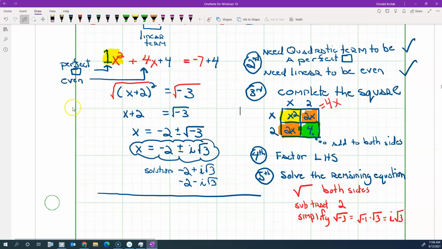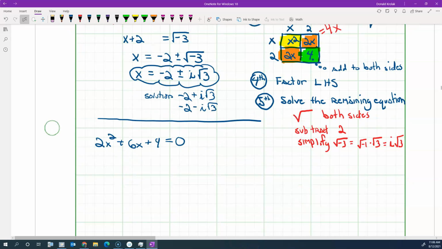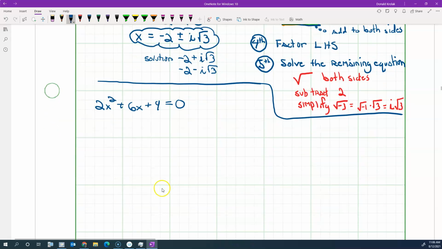Okay, so this one is 2x squared plus 6x plus 9 equals 0. And you're going to solve it just like the last one.